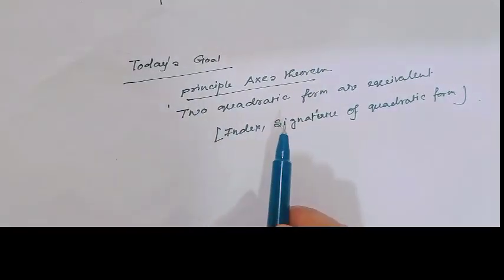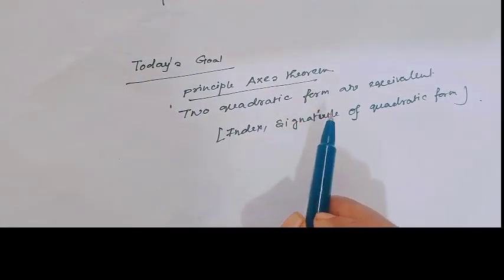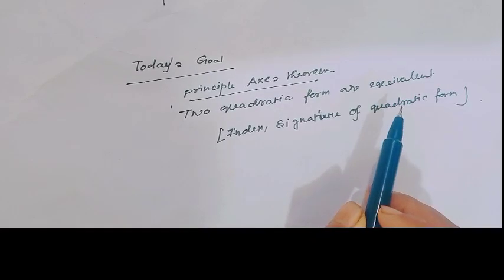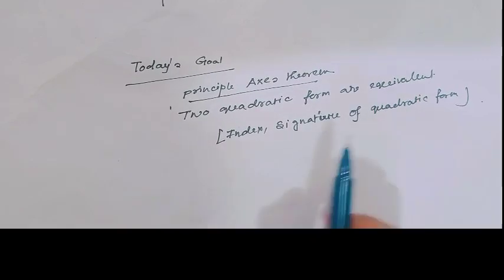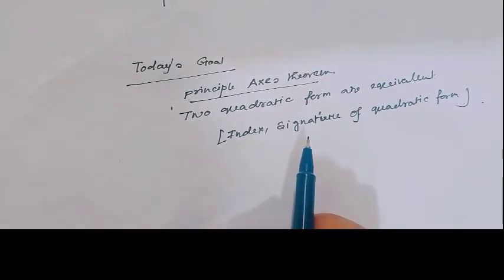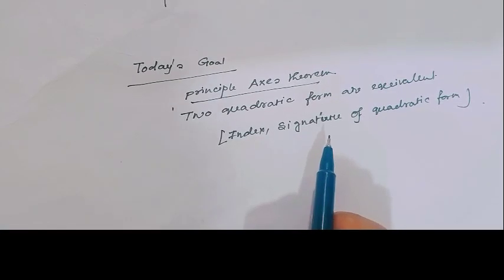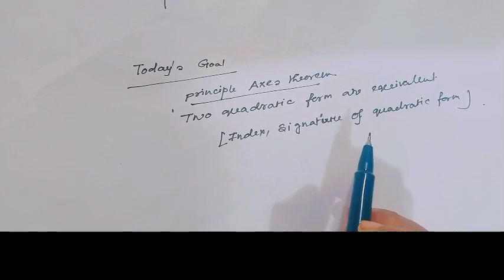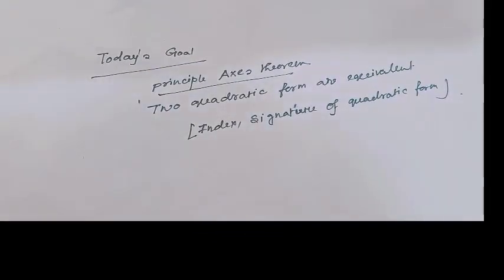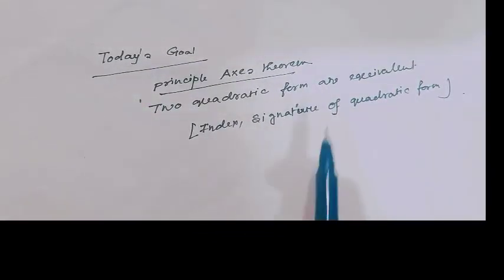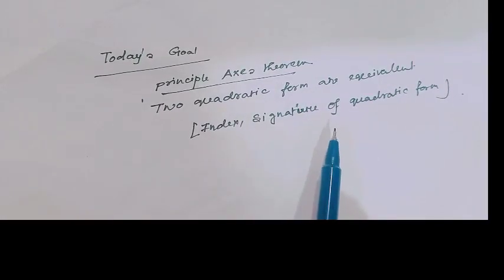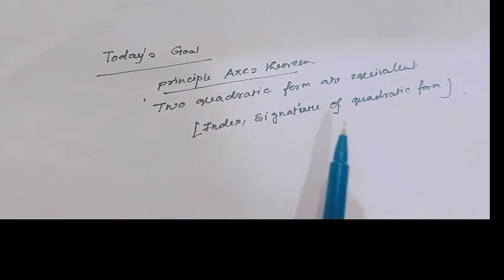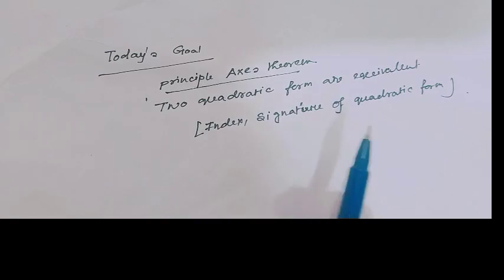Then, I will say when two quadratic forms are equivalent. In my previous video, I saw what the index and signature of a quadratic form are. Today, I will say that when two quadratic forms are equivalent, then the index, signature and inertia of these quadratic forms are always equal.